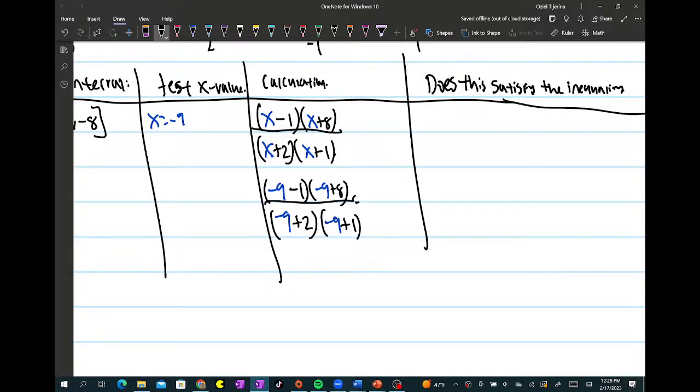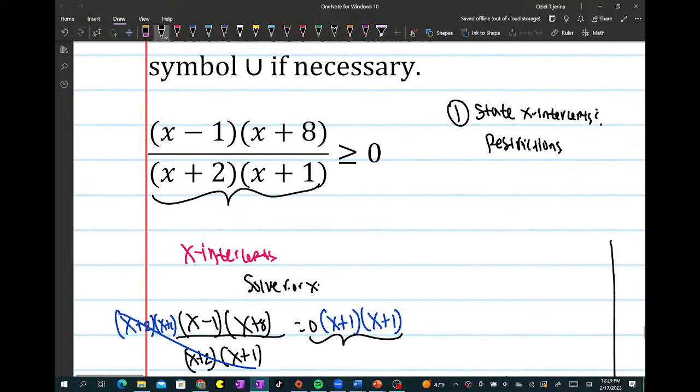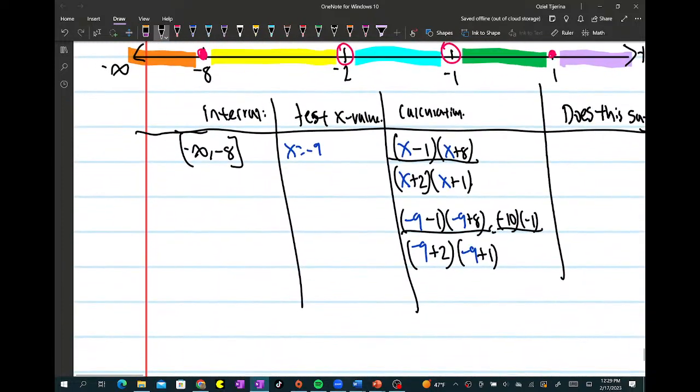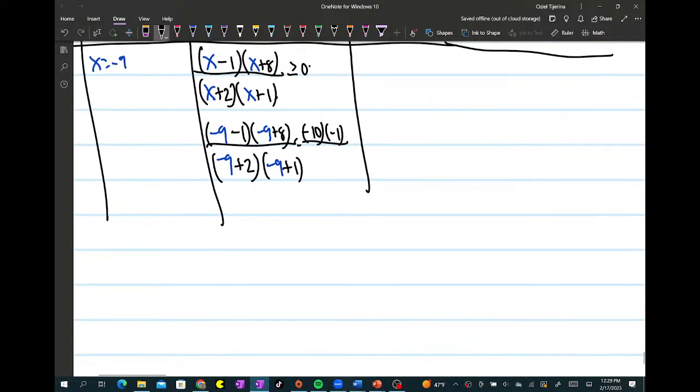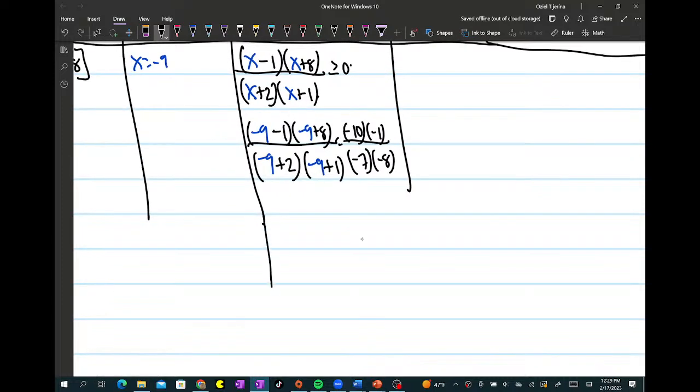So when we evaluate this, we get negative 10 times negative 1 over, and obviously I forgot to put greater than or equal to 0 here. So this is negative 10 times negative 1, and this is negative 7 times negative 8, which becomes 10 over 56 greater than or equal to 0.